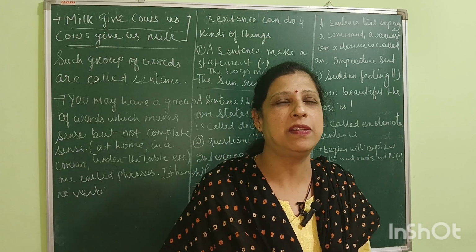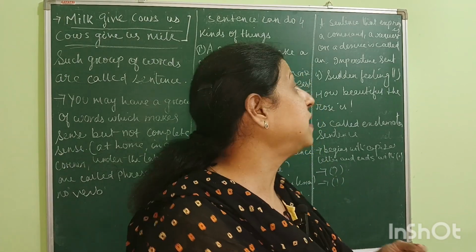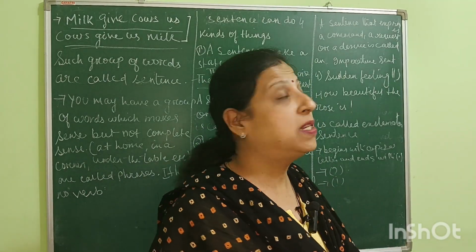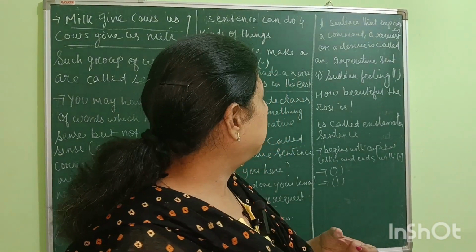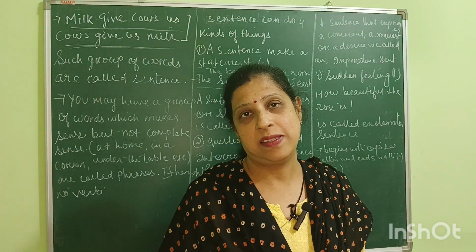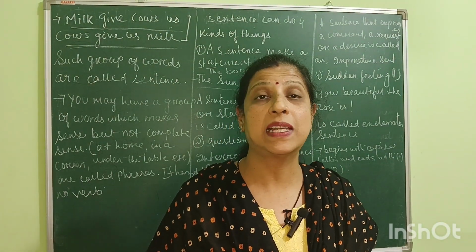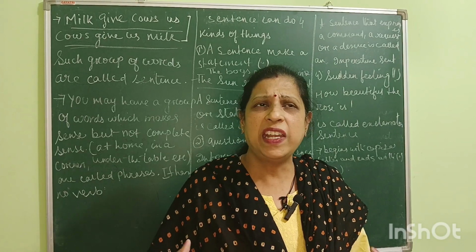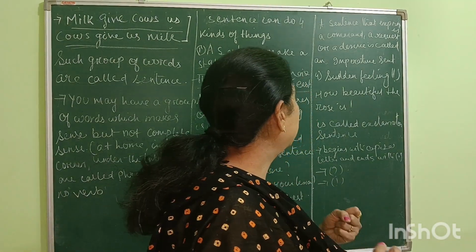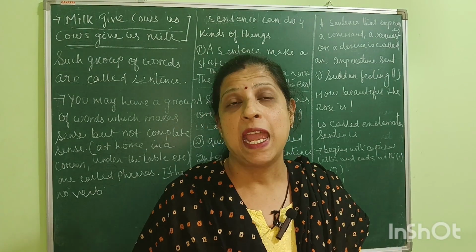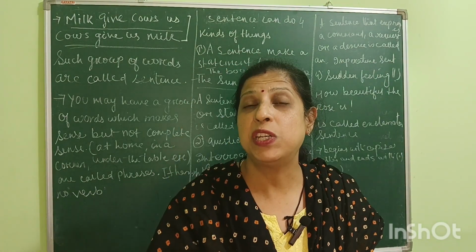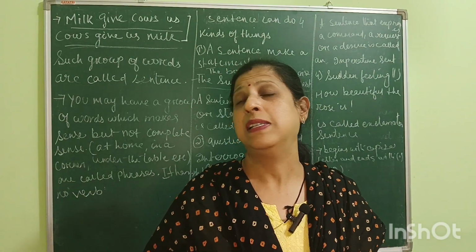Those kinds of sentences are called exclamatory sentences. Why is it an exclamatory sentence? Because it expresses a strong or sudden feeling, and we put an exclamation mark at the end of the sentence.